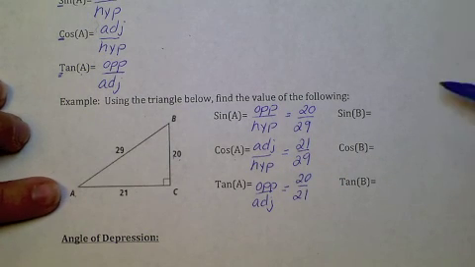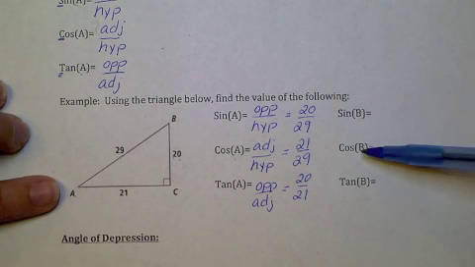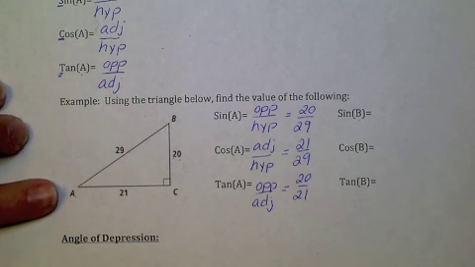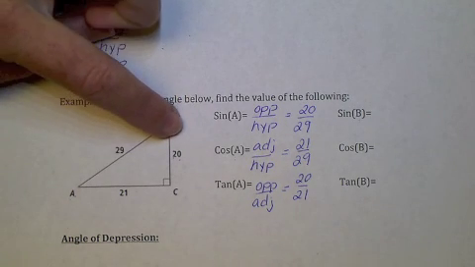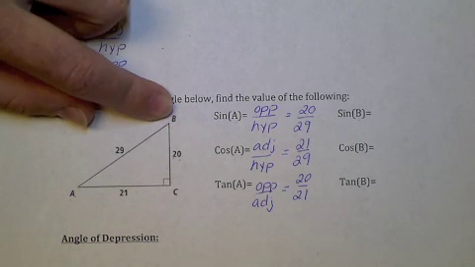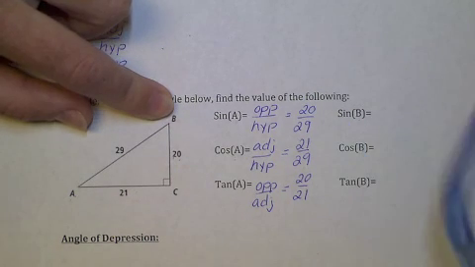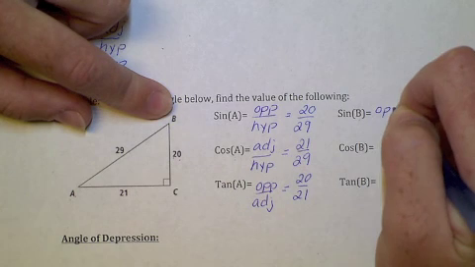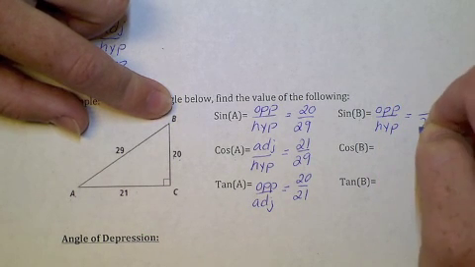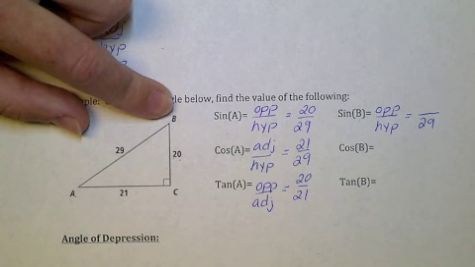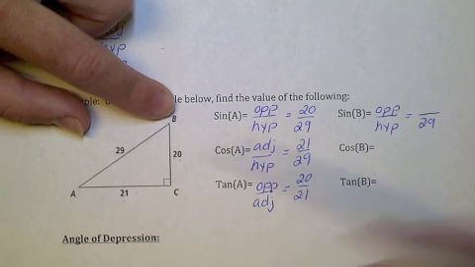Now you can see on the other three over here, I have changed the angle that we are working with. That means the opposite and the adjacent sides change. Now I'm kind of thinking in terms of this angle up here. So I'm at this angle. I need sine of that angle. It's still opposite over hypotenuse, and actually the hypotenuse doesn't change. It never changes. That's going to be 29. The opposite side, though, is now 21.